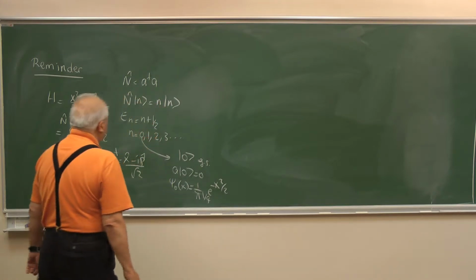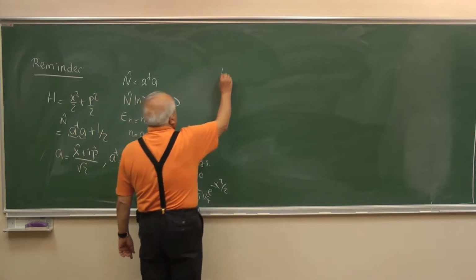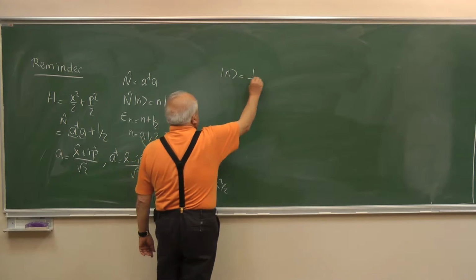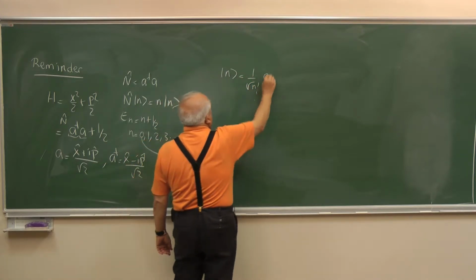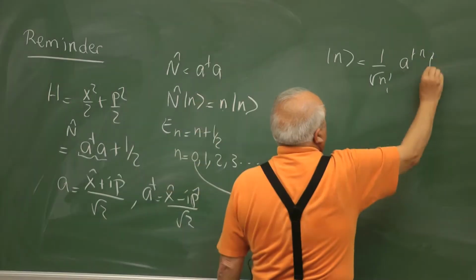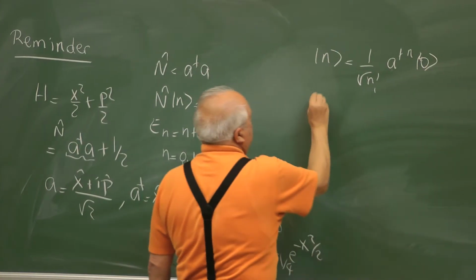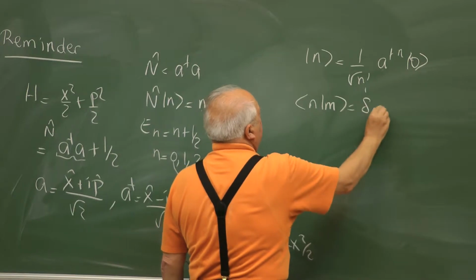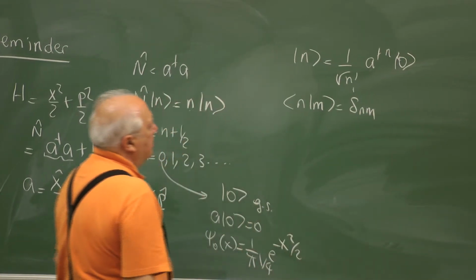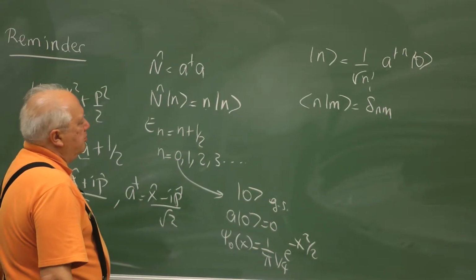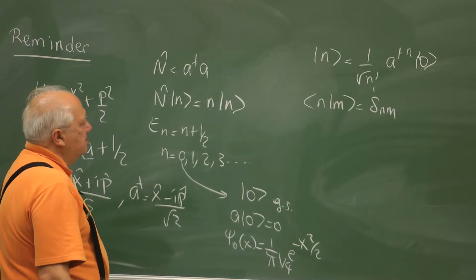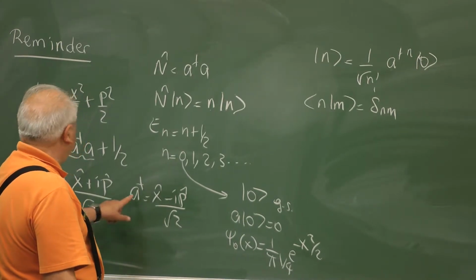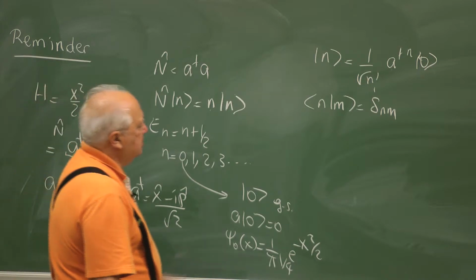And then we constructed these states, and these states were orthonormal. We also played with the commutation relations of these operators, a and a dagger. Let me just remind you again.